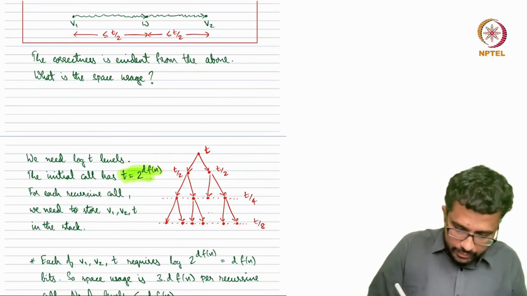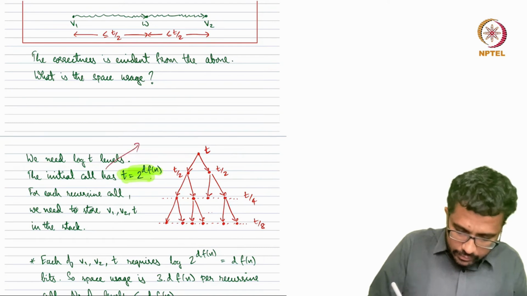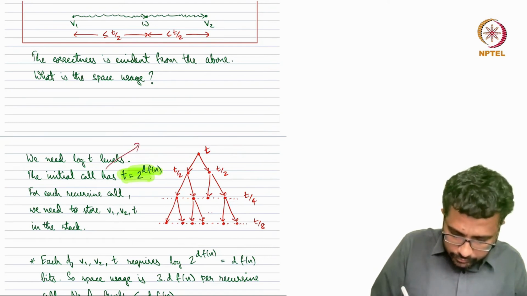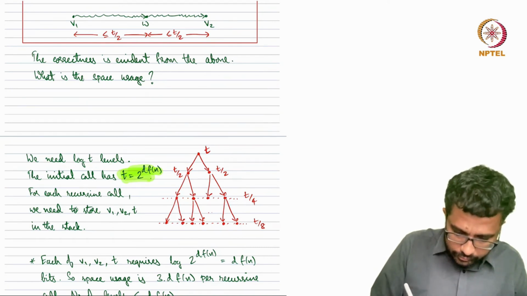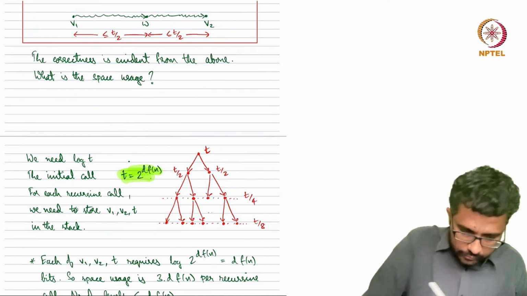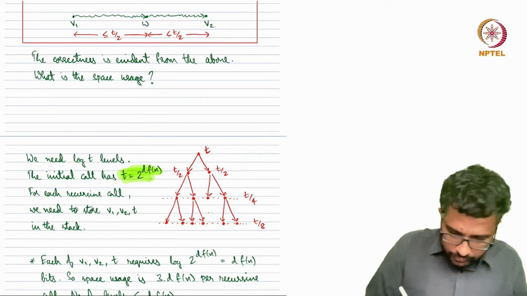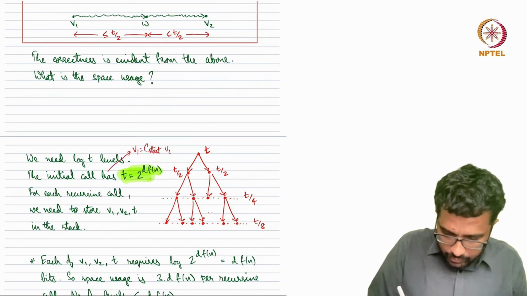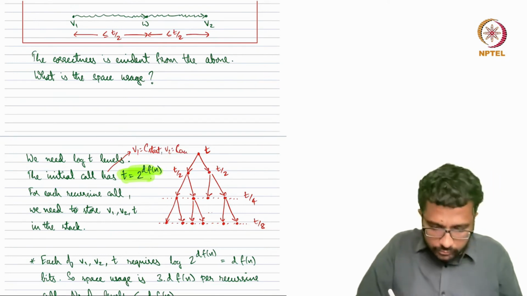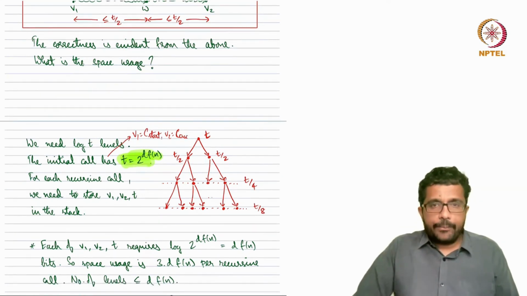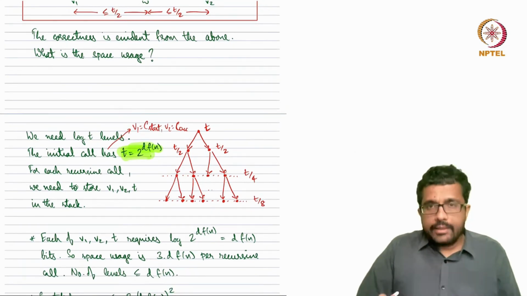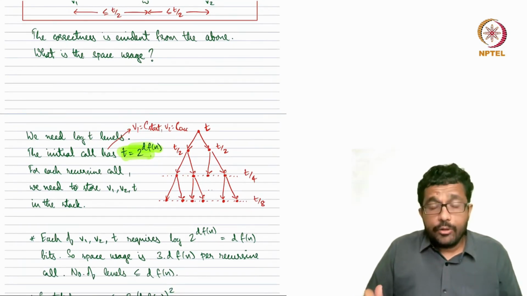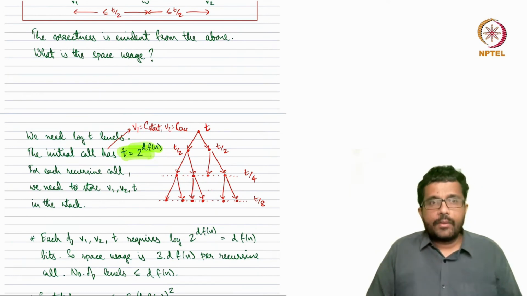Maybe I should also mention the initial call has v1 equal to c start and v2 equal to c accept. And then what we do is we use recursion.